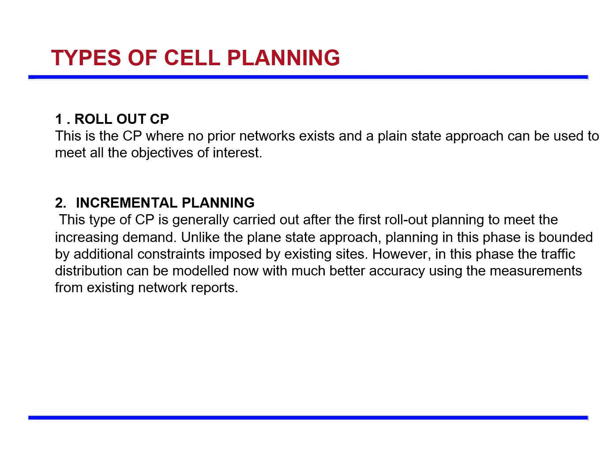However, in this phase, the traffic distribution can be modeled with much better accuracy using the measurements from existing network reports. It is anticipated that 5G deployment will mostly require incremental planning by building on LTE, UMTS, GSM networks.